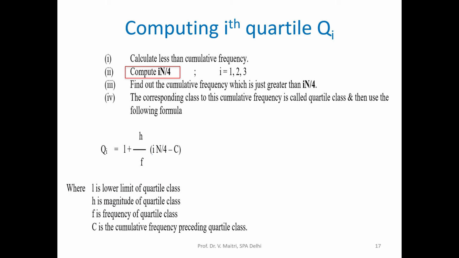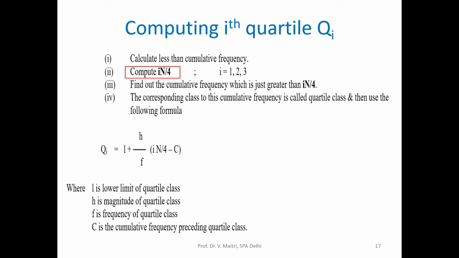Now for computing the ith quartile, again the formula is the same. Calculate the less than cumulative frequency. Then compute i times n by 4, where n is the sum of total frequencies. In the median, i was not there, and it is n by 2.